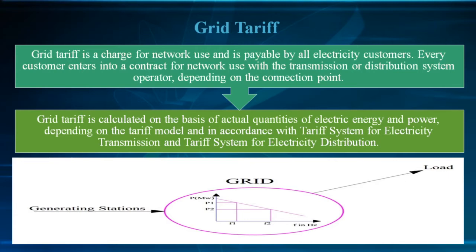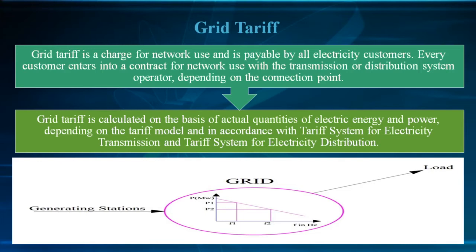The grid tariff basically varies from utility to utility. Every customer enters into a contract for network use with the transmission or distribution system operator, depending on the connection point. There are various utility services available in the countries.